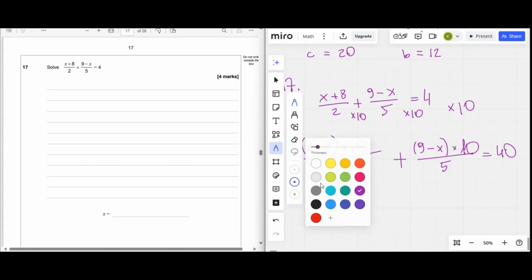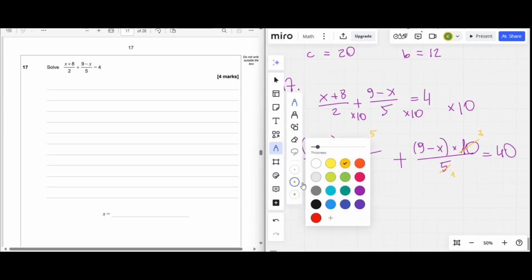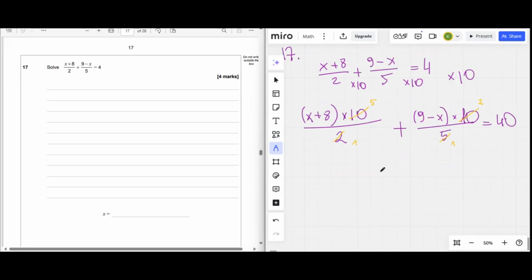So what is that 10 doing? We can then cancel down that 2 and that 10, leaving 5 and 1, and that 10 and that 5 leaving 1 and 2. So now we don't have fractions because in the denominators we have just ones.